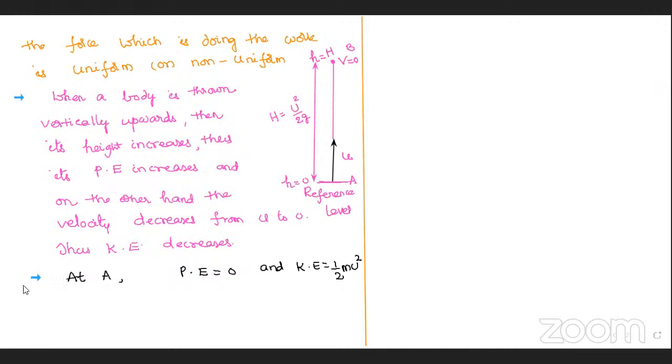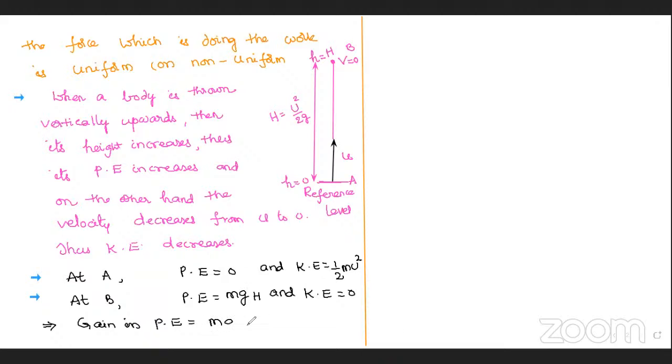Okay, and at B, next one. At B, observe here, potential energy is equal to mgH, capital H, and kinetic energy equals 0. Okay, so if you observe, that implies gain in potential energy is from 0 to mgH increased.